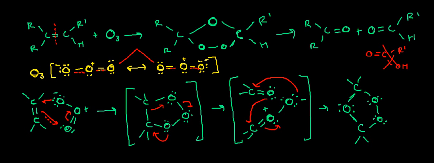The oxygen over here is going to form another bond with the carbon at the same time as this bond begins to form over here. This bond is going to begin to weaken.